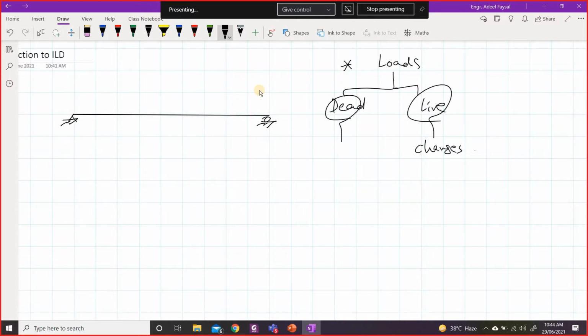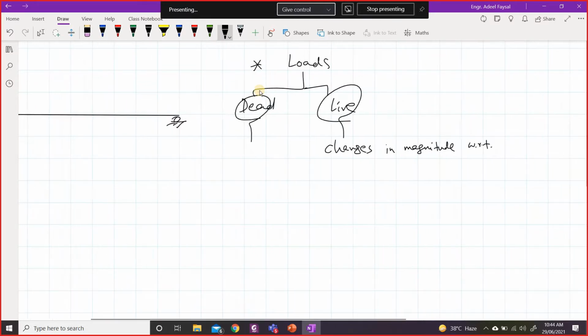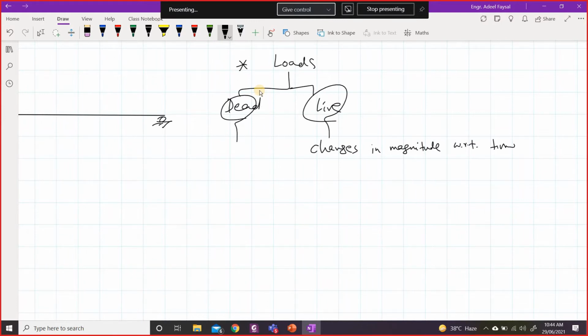It changes in magnitude, and this change is with respect to time. Sometimes it is there, sometimes it is not there. So it changes with respect to time, and then it also changes its position.